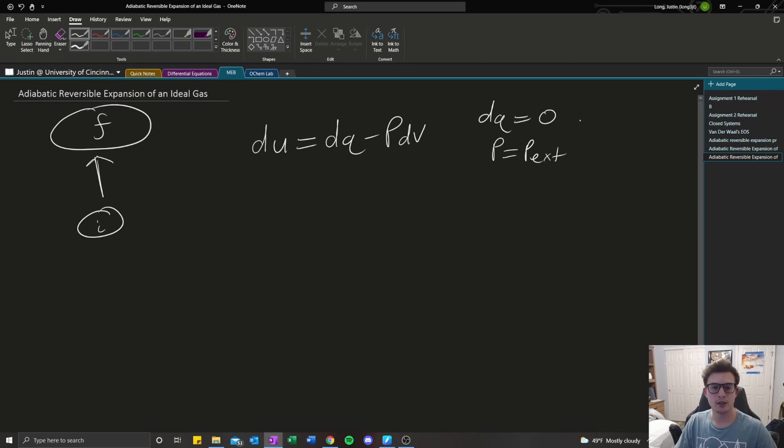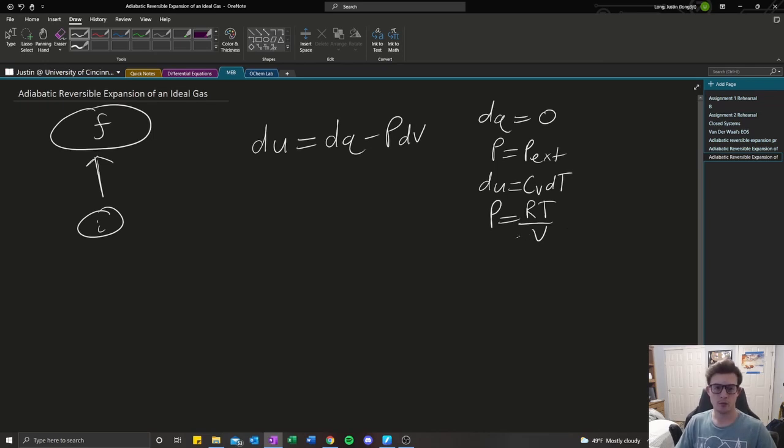And the change in internal energy can be written as CV times the change in temperature. And at an ideal gas, we know that the pressure is equal to R times the temperature over the volume. It's the specific volume. That way we don't have to deal with the moles. It's just at 1 mole. That way we don't have to deal with the N term.